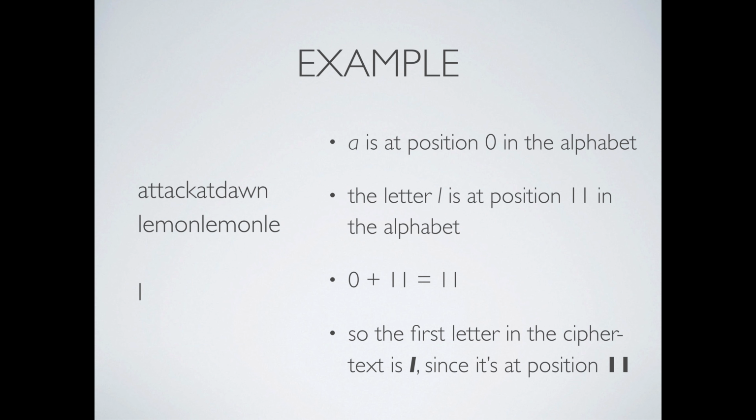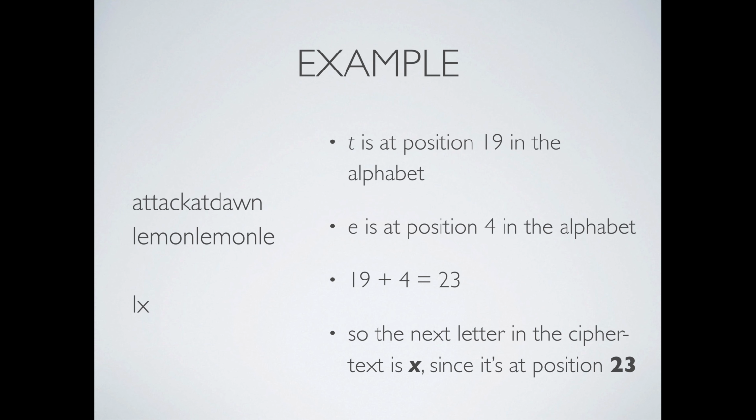So we already know L is at position 11. This isn't a super cool example because A is position 0, but L is at position 11 in the alphabet, which means the encrypted version of this character, the first character in the ciphertext, with the plaintext attack at dawn and the key lemon, will be letter L.